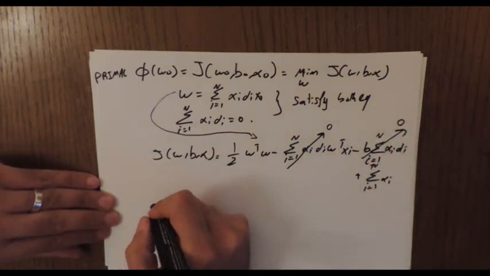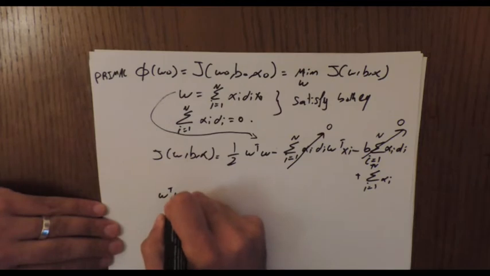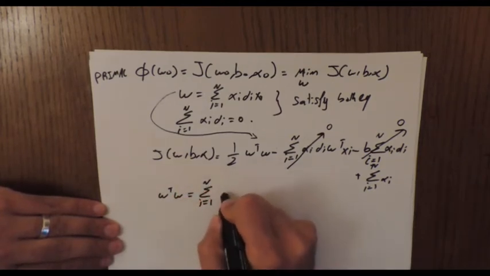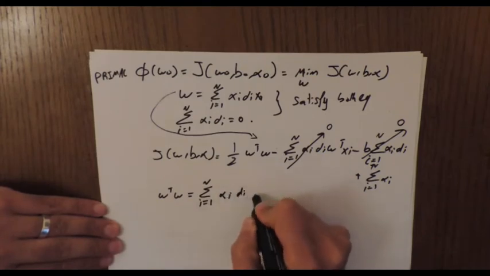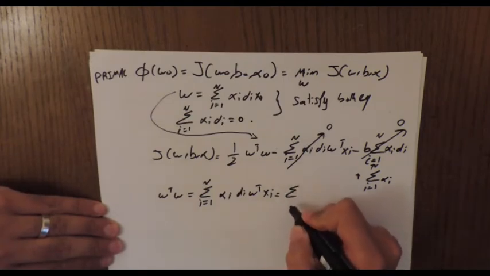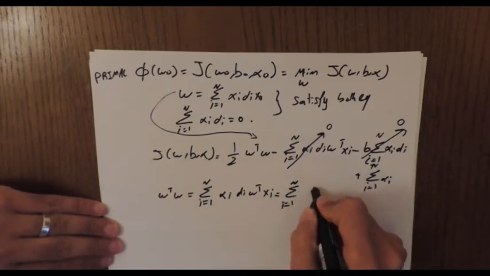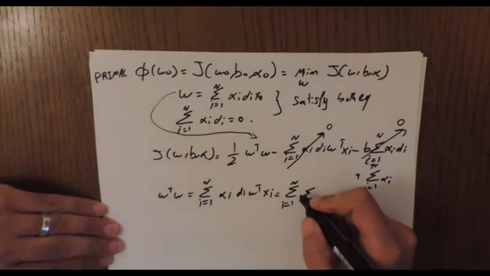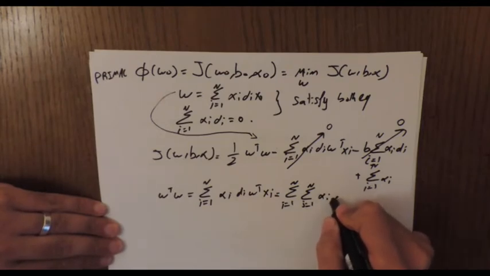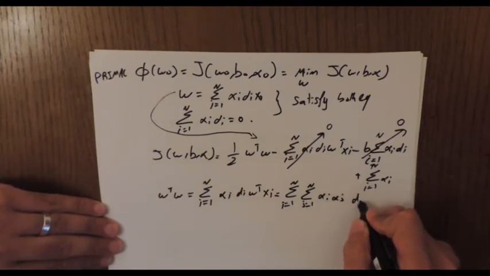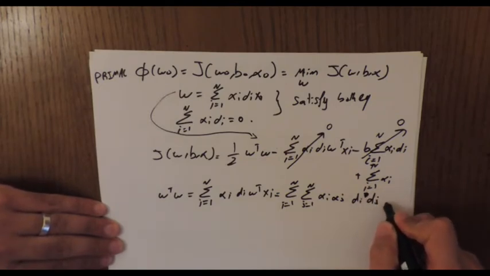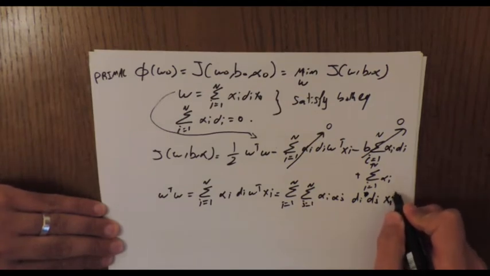After substitution, we have W transpose W equal to summation I equal 1 to n alpha I di W transpose xi, which is equal to summation I equal 1 to n, summation j equal 1 to n, alpha I alpha j di dj xi transpose xj.